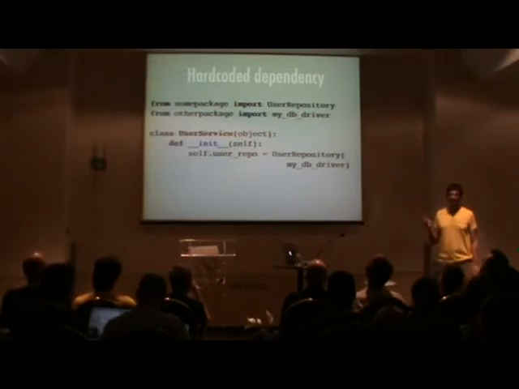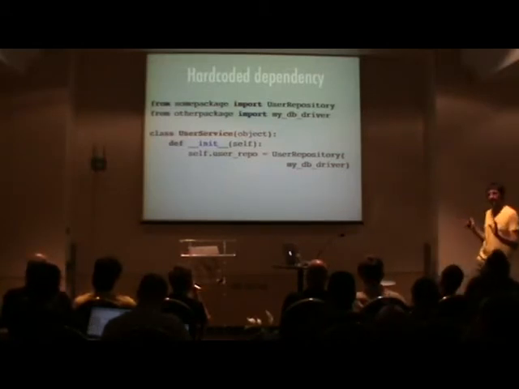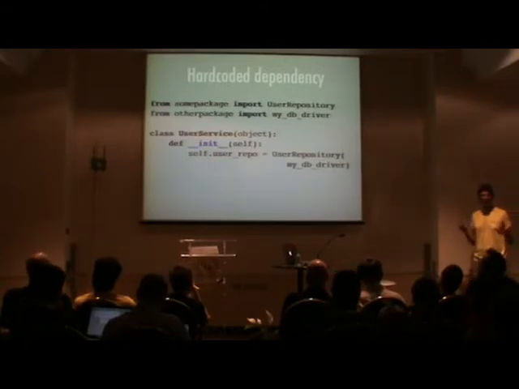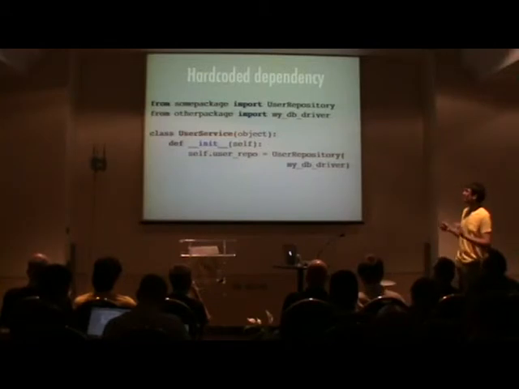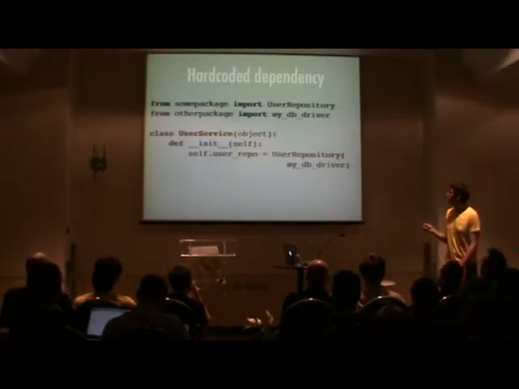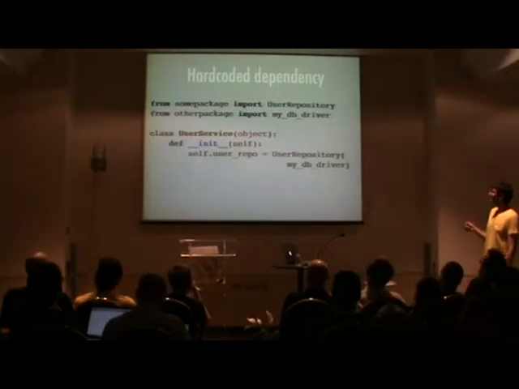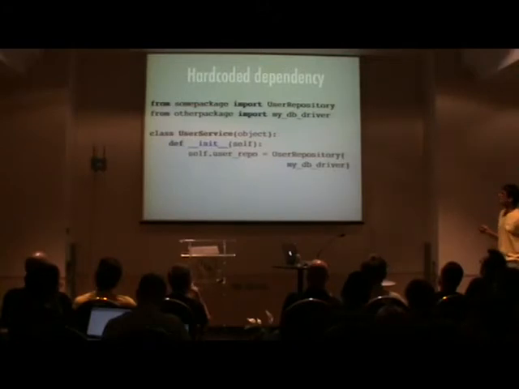This is an example of a hard-coded dependency. So you are trying to achieve high cohesion by using the single responsibility principle. So you're not mixing concerns in a single class, but you are forcing the usage of a certain implementation of your repository. And you are forcing the use of a certain DB driver in your applicative code.